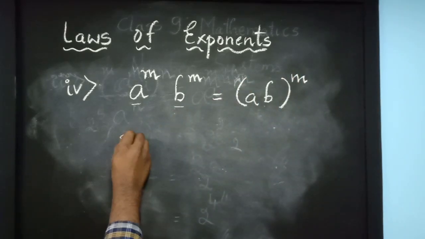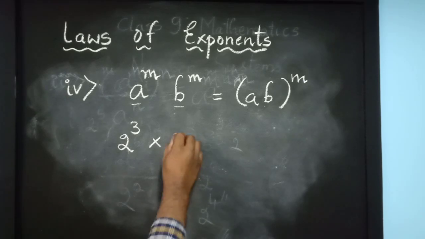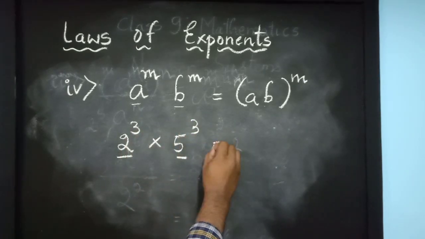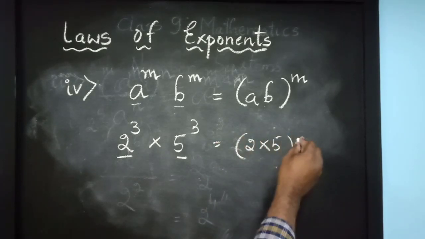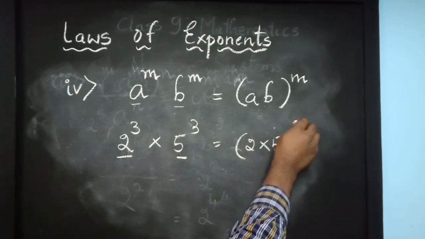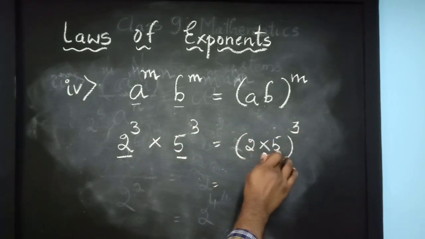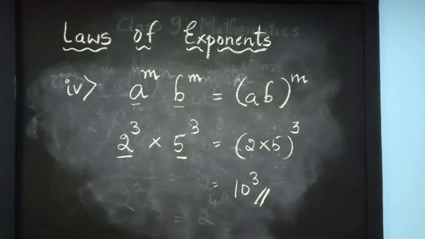That is 2 power 3 into 5 power 3. The bases are different but the powers are same. I can write it as 2 into 5 whole power 3. That is 2 fives are 10, 10 to the power 3. This is the fourth law of exponent.